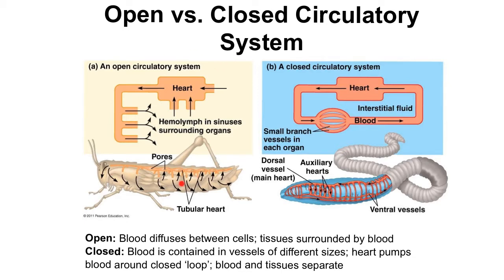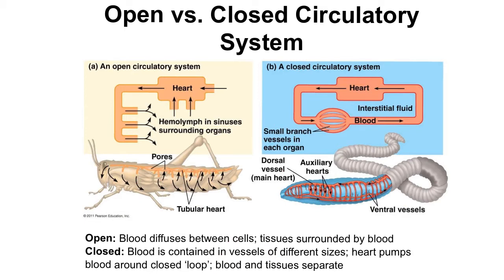An open circulatory system is basically when blood sloshes around the cells. And this open circulatory system is often considered to be less efficient because you can't control where the blood is going. Meanwhile, organisms in phylum Annelida will have a closed circulatory system, which means blood is contained in vessels.